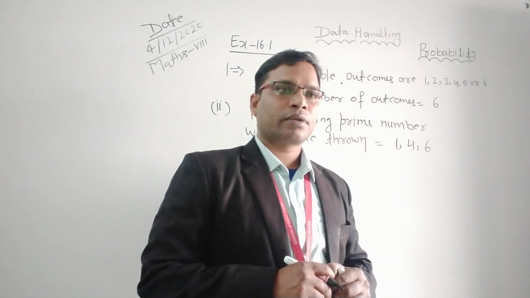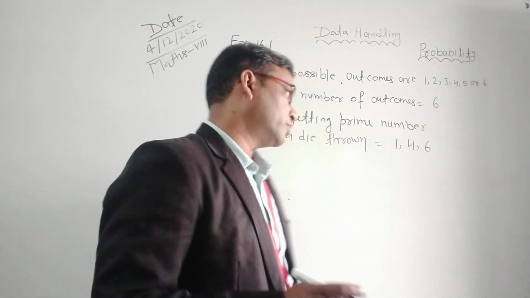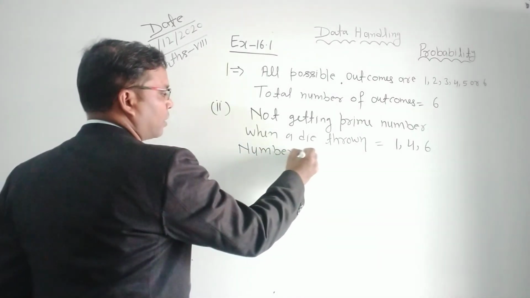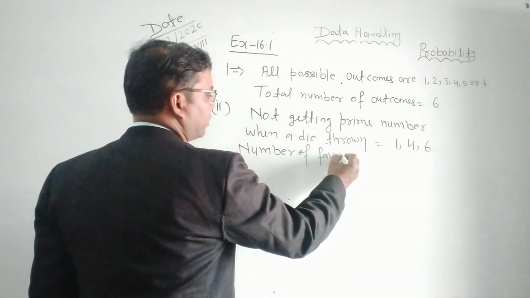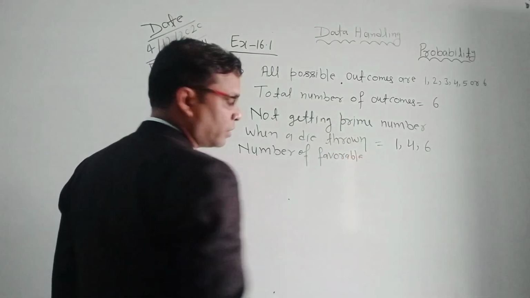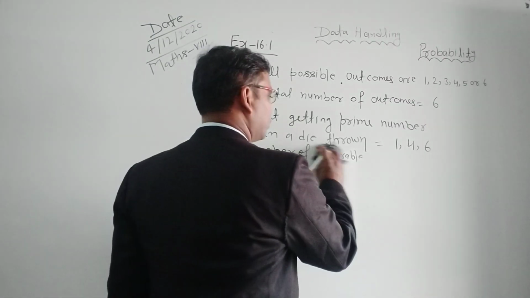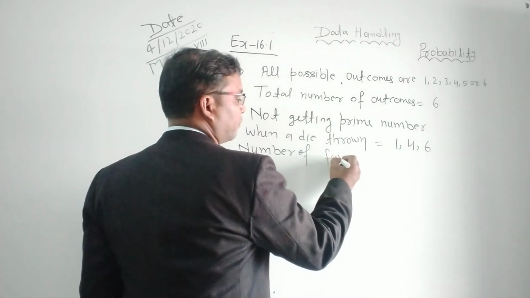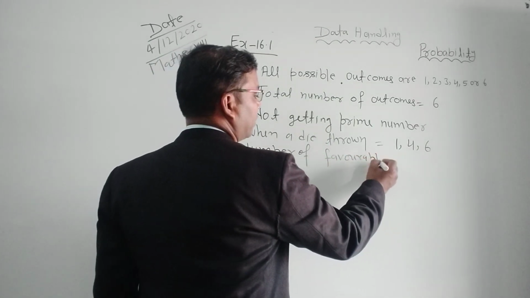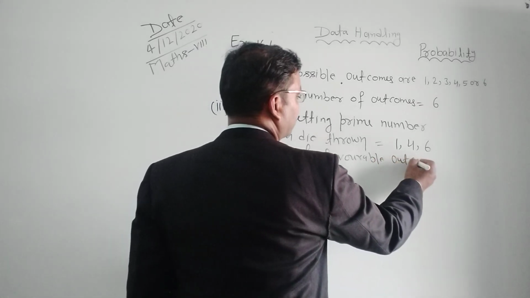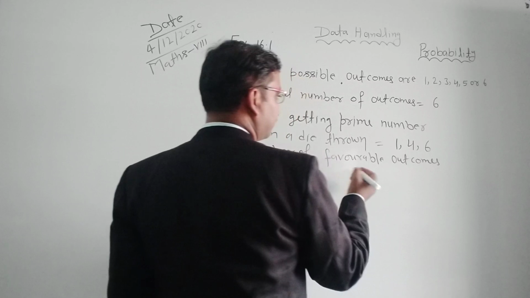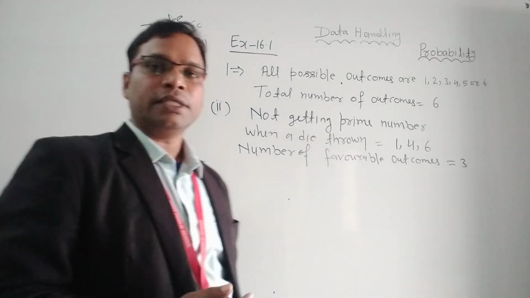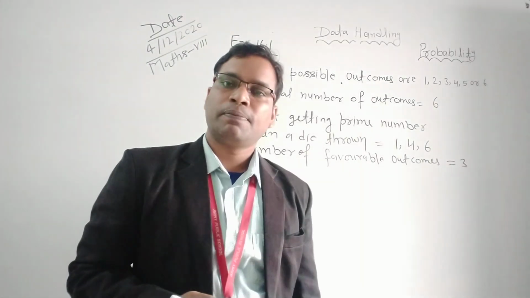So now write here: number of favorable outcomes is equal to 3, because when you throw the die, not getting a prime number is 1, 4 and 6.